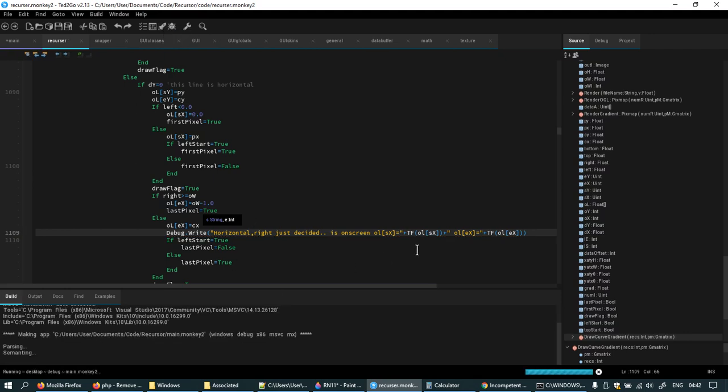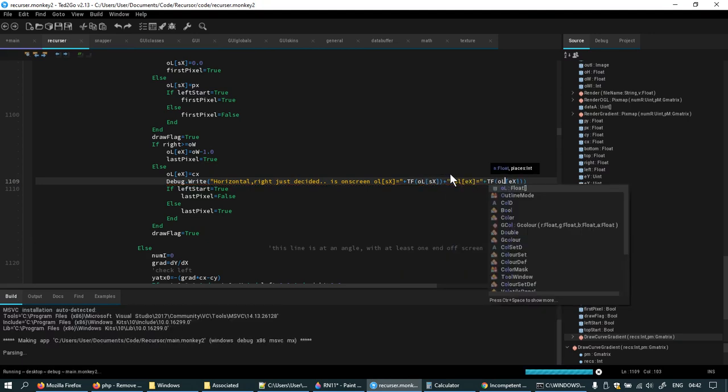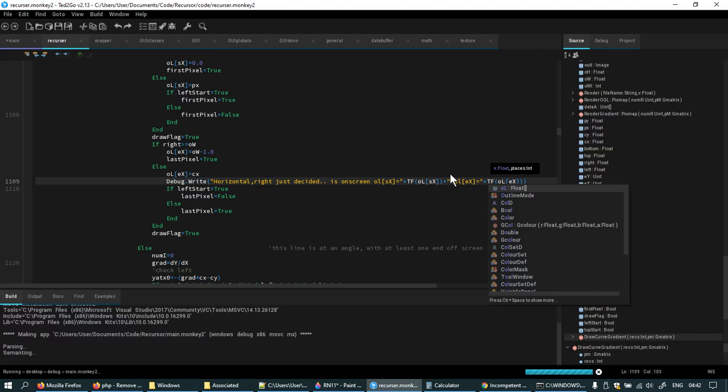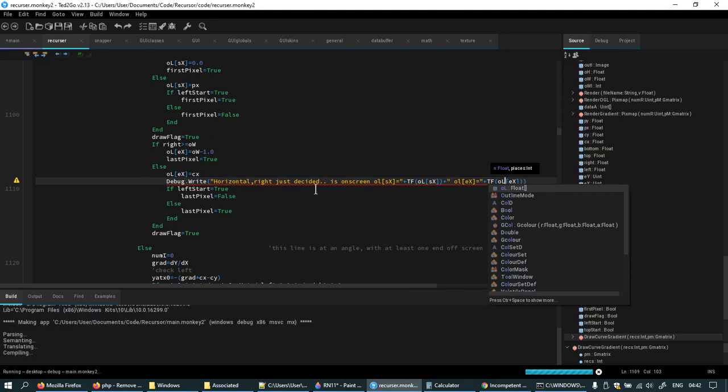I just want to see if at this point, OLEX, what are you saying? OL, this OL, EX, SX. I'm just wanting to see if at this point it is getting apparently correct positions for the right and left ends of the line.